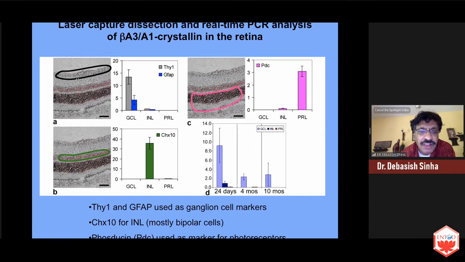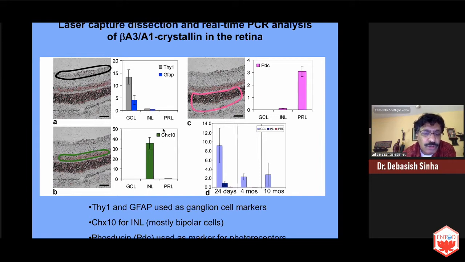So we took the retina from wild type rats, and we dissected different areas of the retina, like the nerve fiber layer, the photoreceptor layer, and also the inner nuclear layer, and then tried to see if crystallin is expressed in any of these layers.